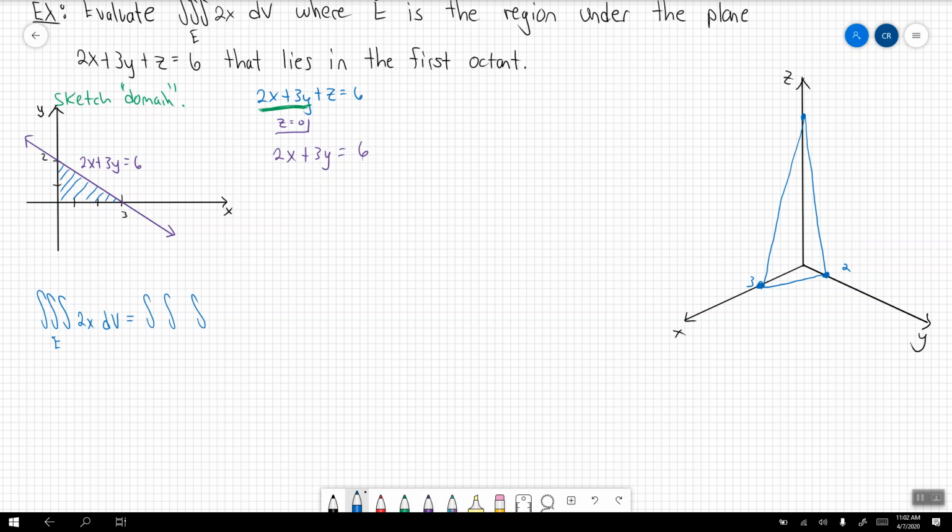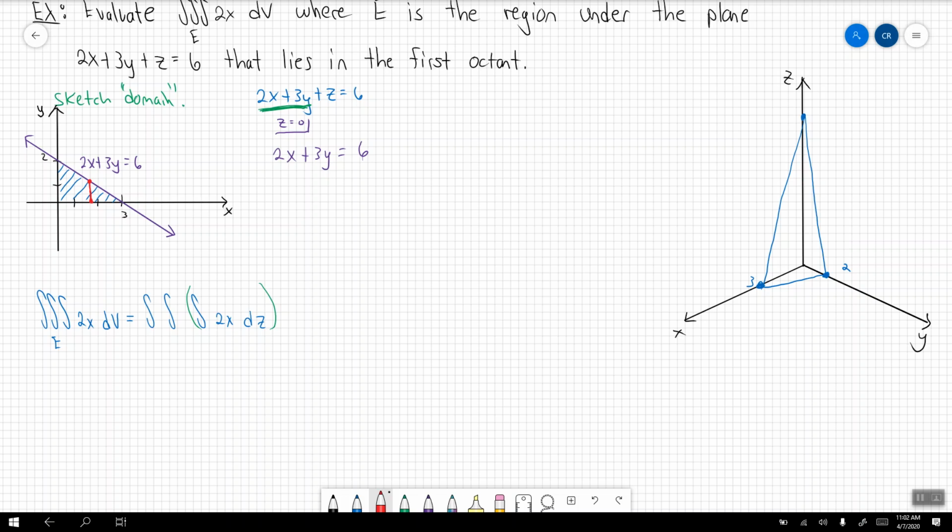Now the innermost integral I'm not going to worry about yet, because the innermost integral I'm going to consider to be my dz. And you'll see why that dz will focus on this piece over here. But for now, let's work on this integral. So what I want to do is take these vertical heights first.